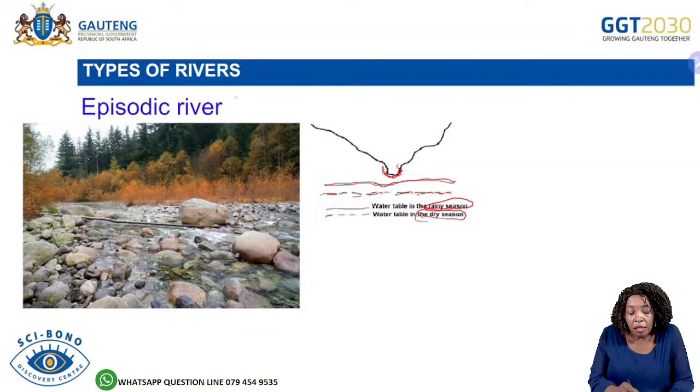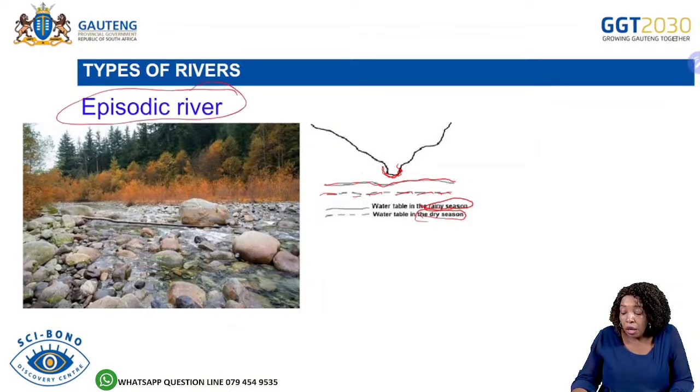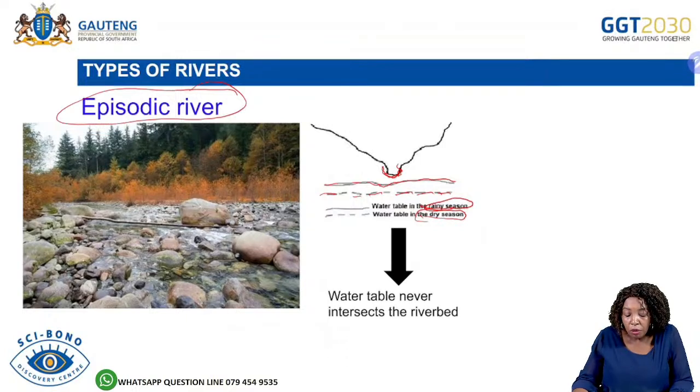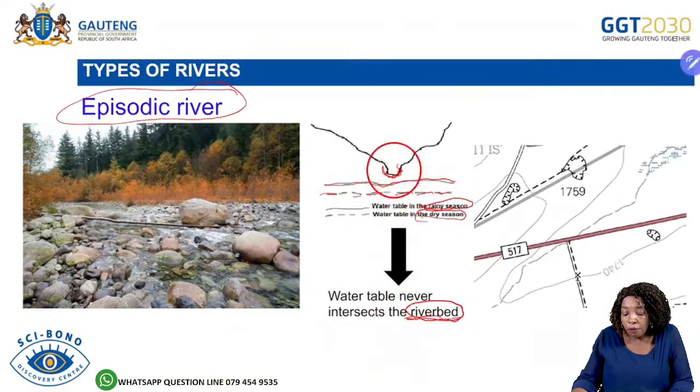And then we indicated that this one would be after an episode of a heavy rainstorm. Okay, water table never intercepts the riverbed. So it is only after a heavy rainfall that we can see this particular river flowing.